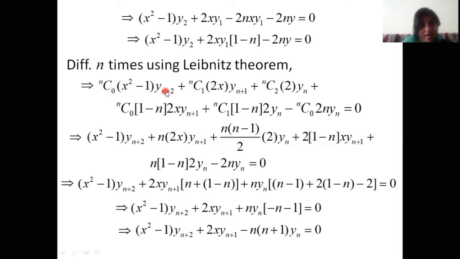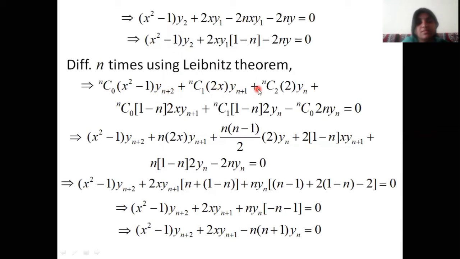It was u v_n, so u is kept as it is, and v_n means I'm differentiating this n times, so it is y(n+2). Plus, next term is nC1 u1 v(n−1). Here you need to differentiate this one time, so it is 2x, and here it is v(n−1), so you decrease this by 1, so it is y(n+1).